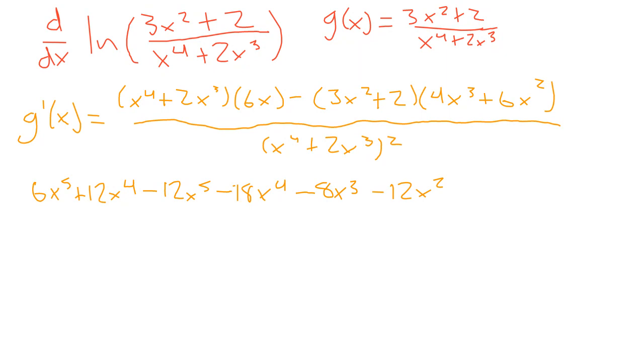Now, before I go ahead and put this all over our initial function, let's see if we can go ahead and get rid of anything. So we have a couple terms of x to the 5th, and then we also have a couple terms of x to the 4th.